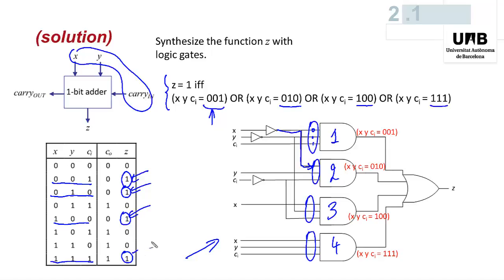In this case, 4 ones. And what is the number of OR gate inputs? The same as the number of AND gates, that is to say, the same as the number of ones of the function. As regards the inverters, the number of inverters is equal to the number of inputs of the circuit, because you must invert at most just once every circuit input.